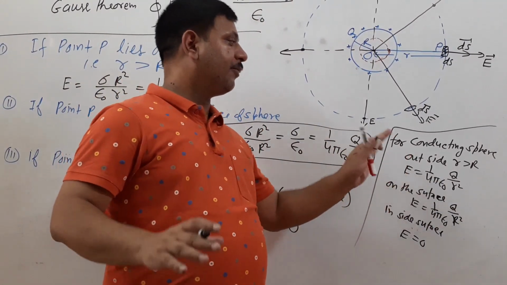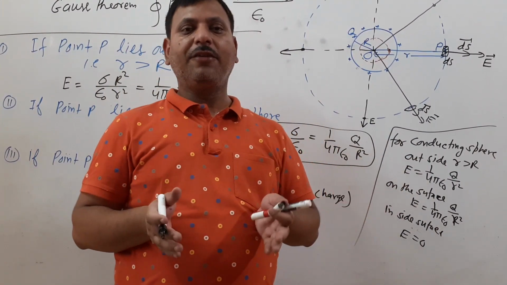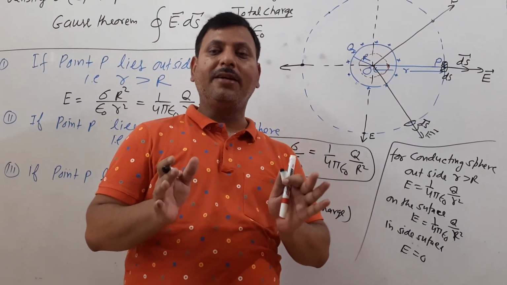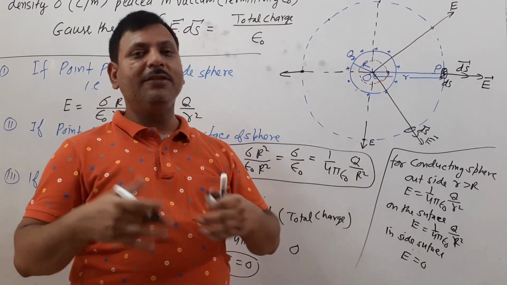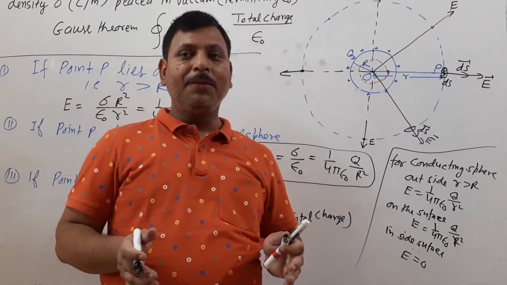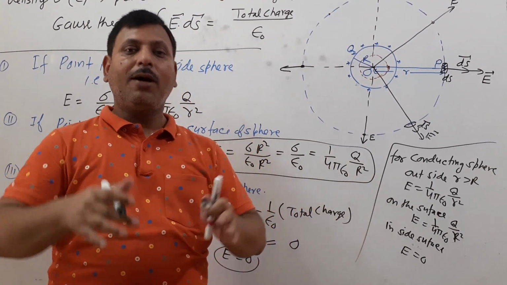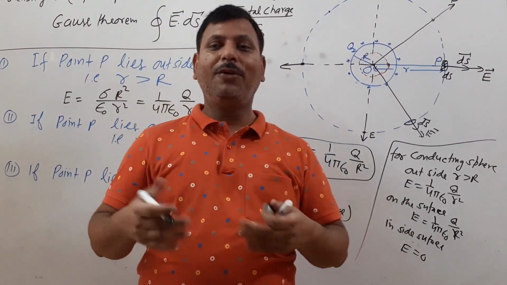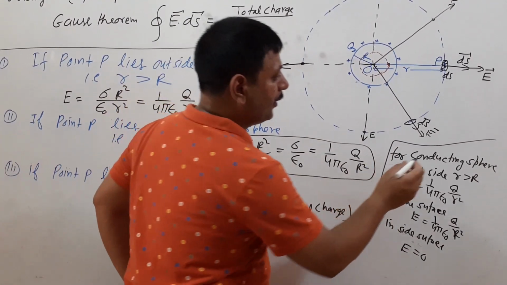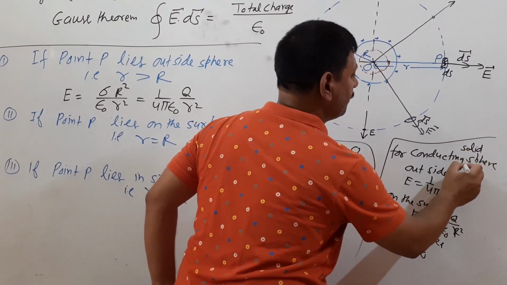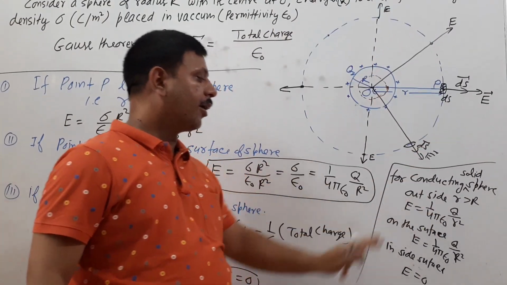Because I have told you that for a conducting surface, if you give charge, it will reside on the surface. Inside there will be no charge. Pay attention: inside a conducting surface no charge resides, it comes to the surface. So a conducting surface will behave like a spherical shell. If it is a non-conducting surface, like a dielectric material given to a solid sphere, the formula will be different. But if it is a solid sphere that is conducting, the formula I gave is the same as for the spherical shell and hollow sphere.